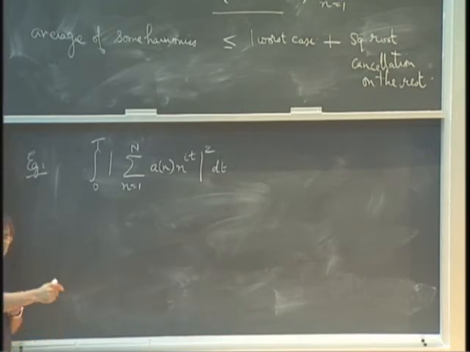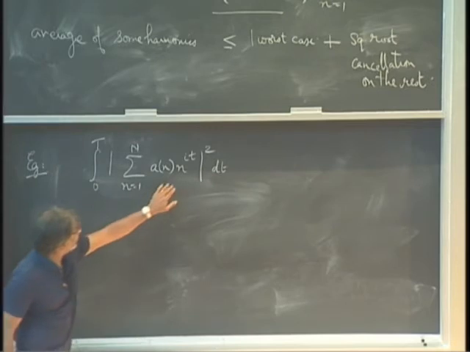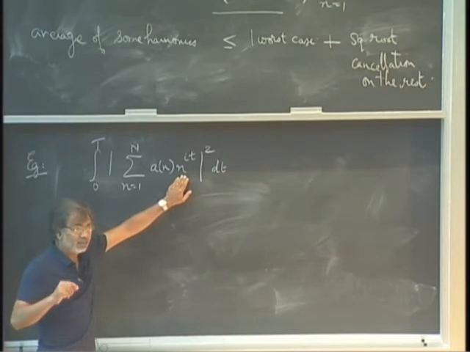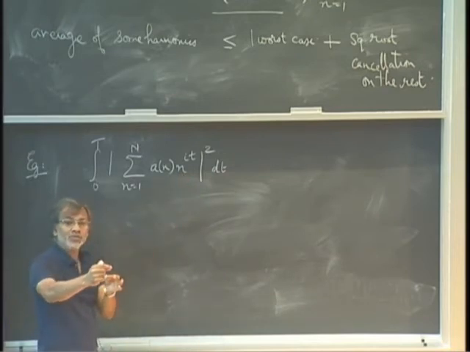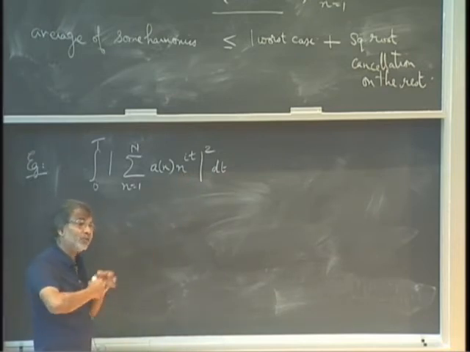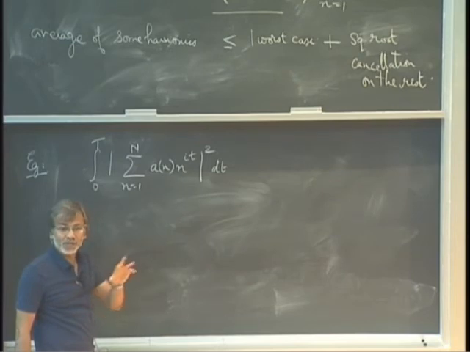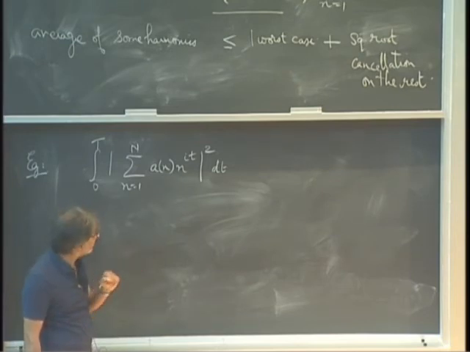So instead of varying additive characters or multiplicative characters, you could think of these guys, which are like quasi-characters. n to the it is a multiplicative function of n for any given value of t. If two different values of t are not close to each other, you would think that n to the it behaves differently from n to the iy, let's say, if t and y are not close to each other.